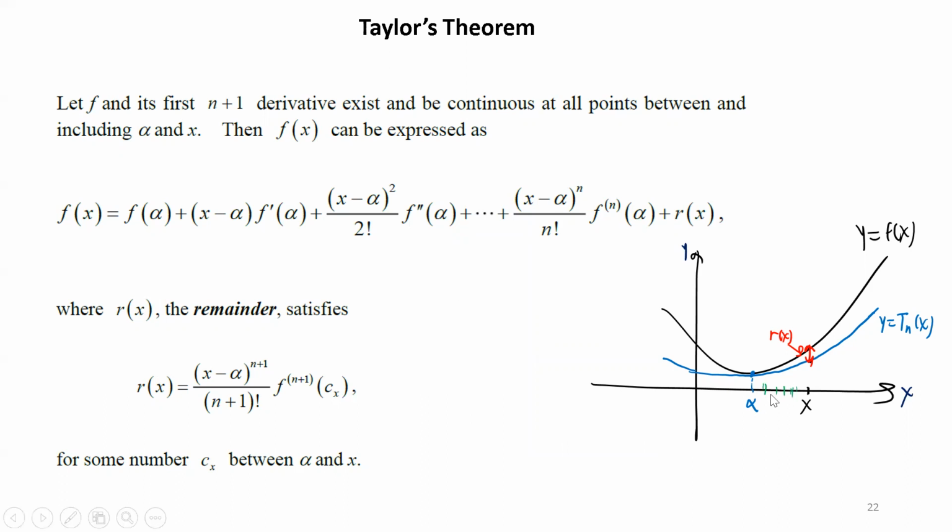Cx can be somewhere here. So although Taylor's theorem cannot tell us exactly how much we are off from the real value, it can help us to do an estimate.